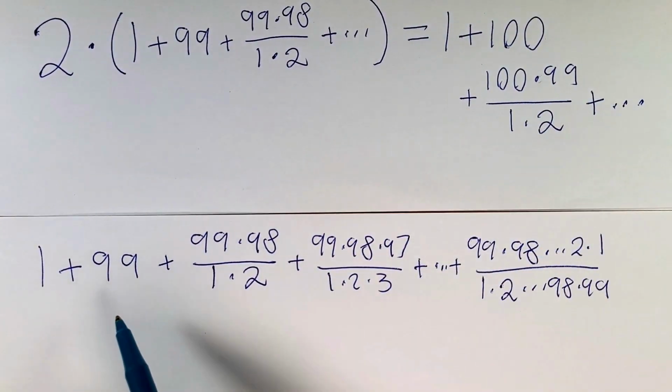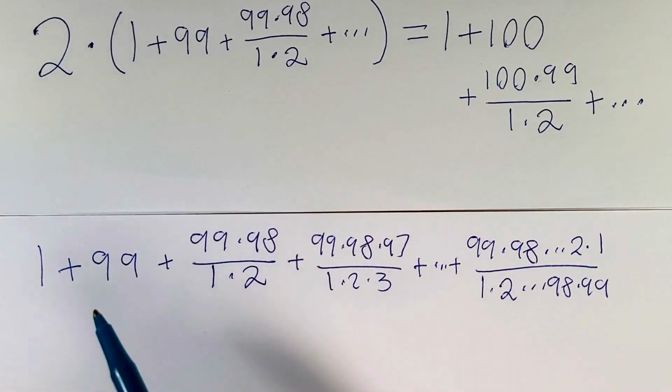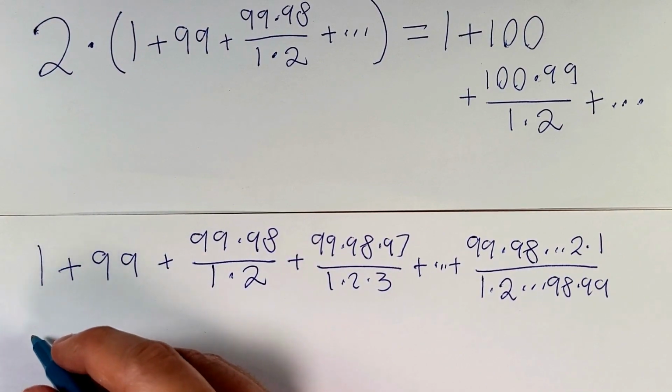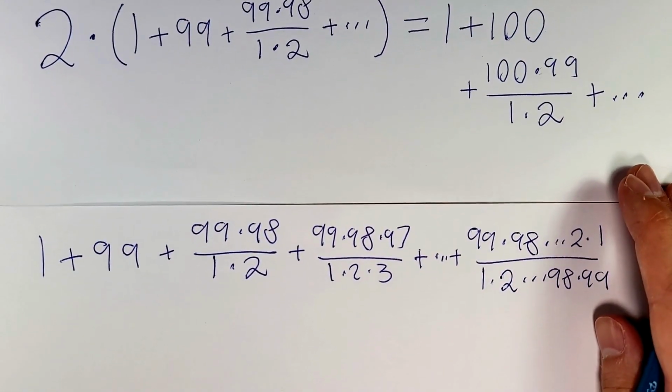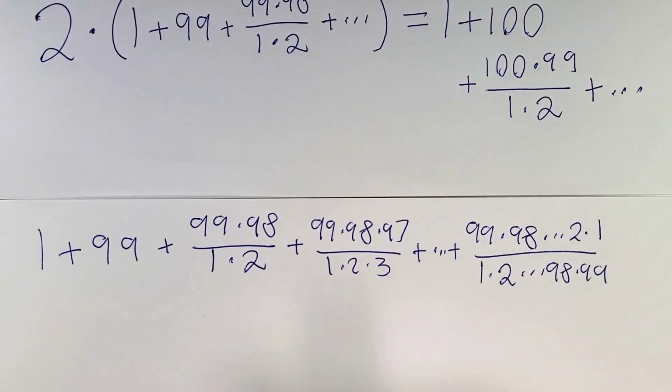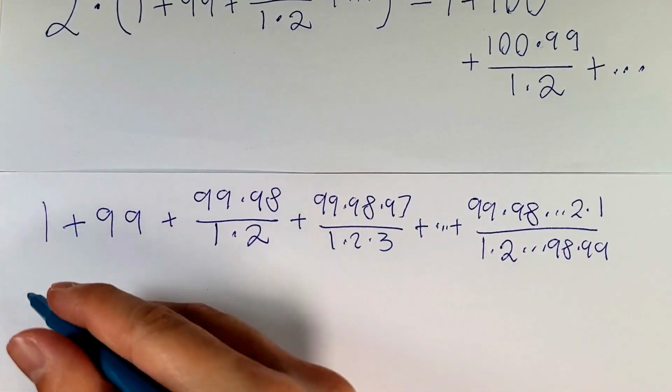So this is the number above here. And I'm going to just write this down one more time. This may look repetitive, but you'll see why I wrote this as you watch the video.